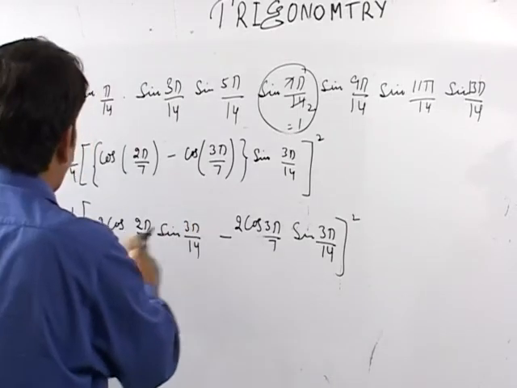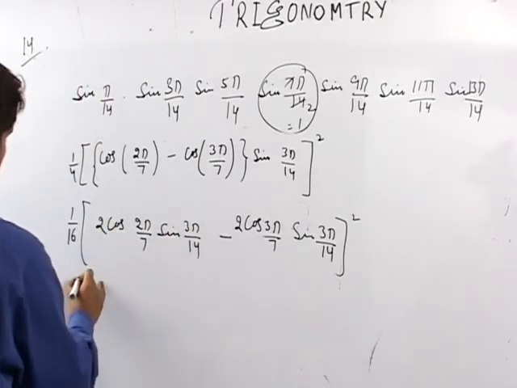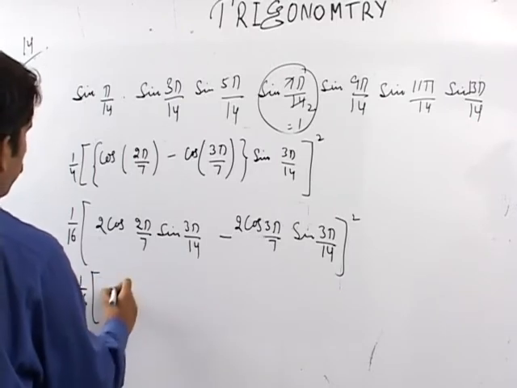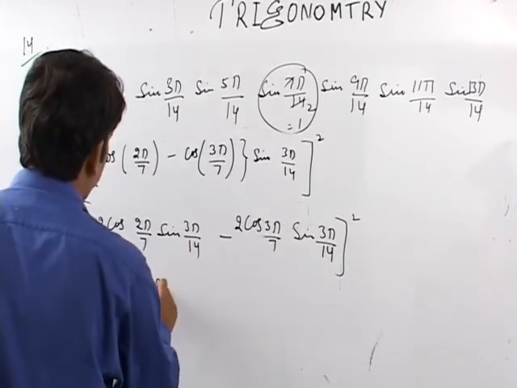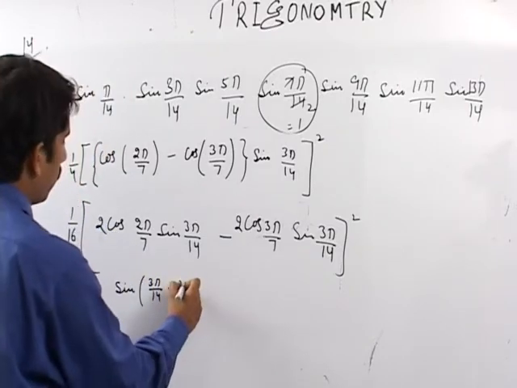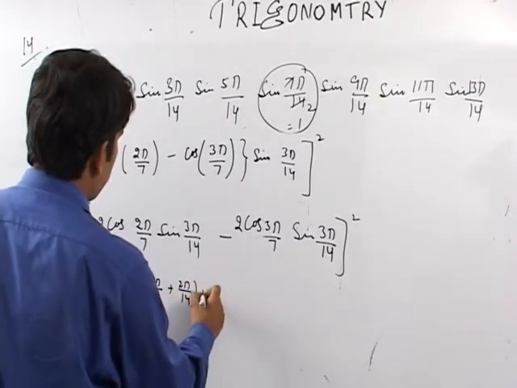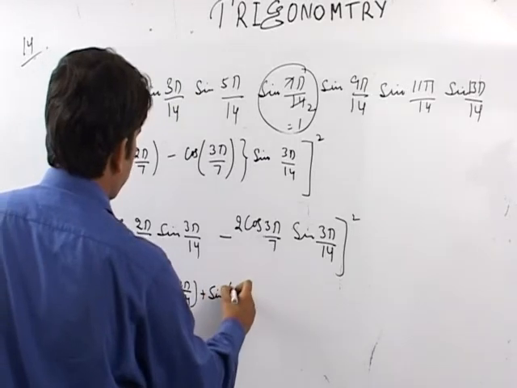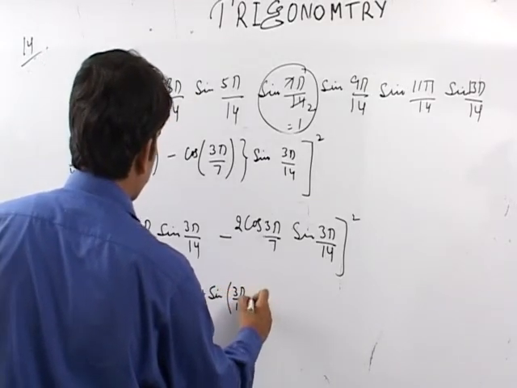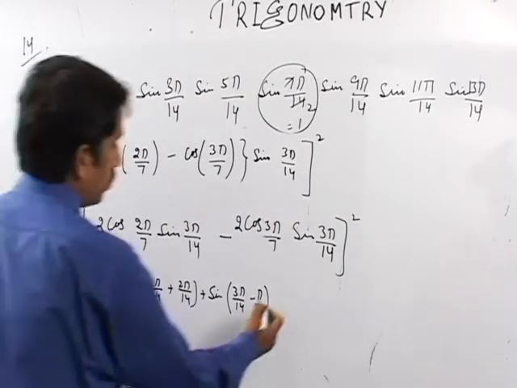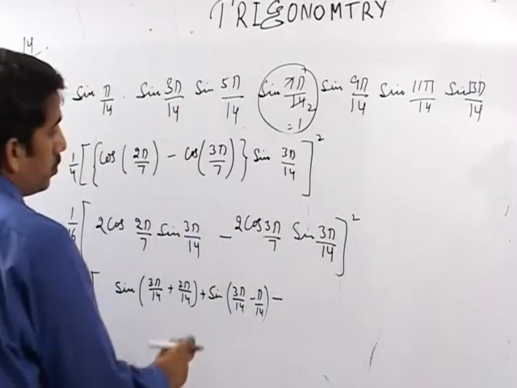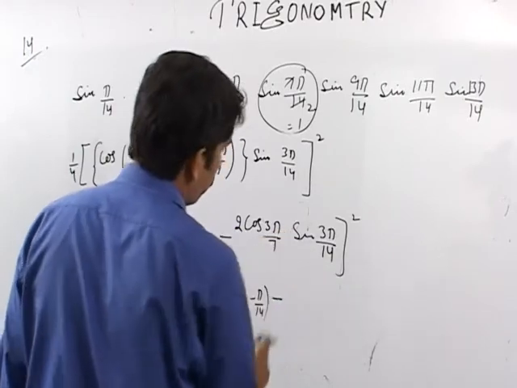The larger angle is this. Therefore 2 sine A cos B. Now what is 2 sine A cos B? This is sine of A plus B plus sine of A minus B. That means sine of 3 pi by 14 plus 2 pi by 14, plus sine of 3 pi by 14 minus pi by 14. And this is equal to, this is 2, which one is greater? 3 pi by 14, of course.